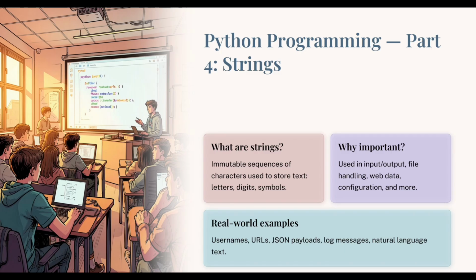Log messages. Software systems generate messages that are stored as text. Example, login successful. Natural language text. Applications involving documents, chat systems, and text processing work heavily with strings. So understanding strings is very important.